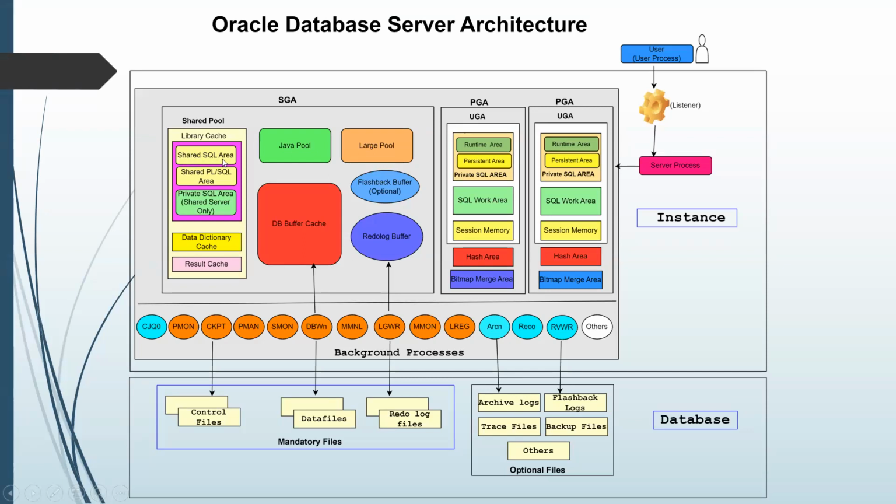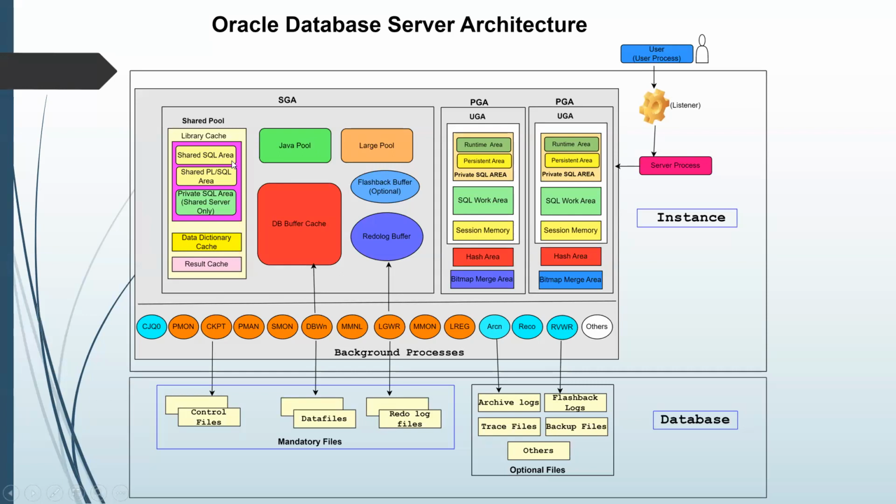Now, if a user comes in and he fires a completely new statement, okay? So for generating the execution plan of that specific new statement and storing its execution plan, there is no free space available in the shared SQL area because all that 2 GB has been occupied due to the previously stored execution plan and SQL statements.